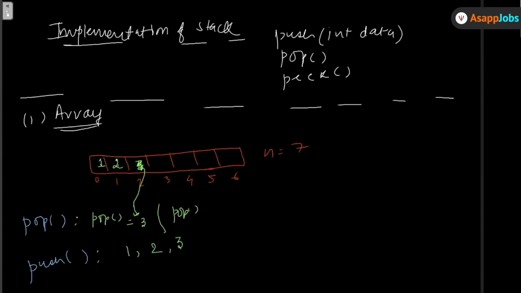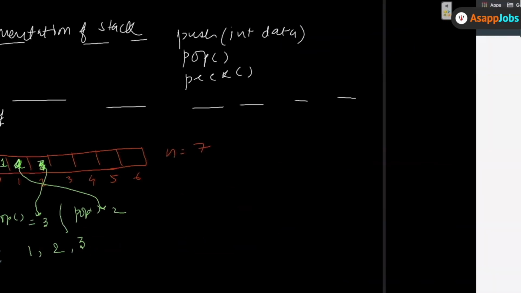Now 2 will come out from here, and this space will again get cleared, right? So similarly, what I'm seeing is that if I'm using an array as a data structure to implement push and pop, both the push operation and the pop operation are happening on the same side of the array, right? So let's see the code of it, how we can write the code and implement this.